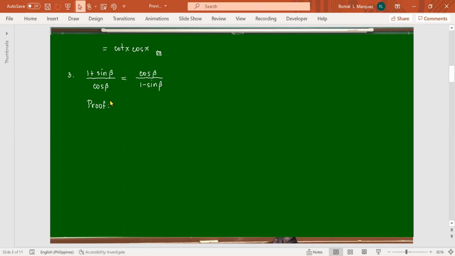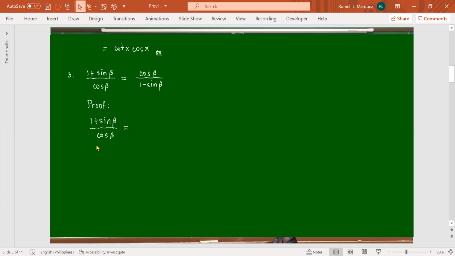So working on one side only, looking at the left side and the right side, actually they have the same level, no? So we can choose any of the two. So let's work on the left side, 1 plus sine beta over cosine beta. Okay?